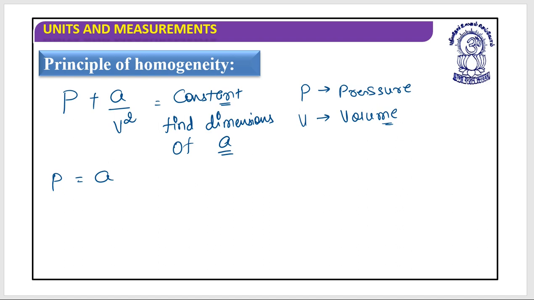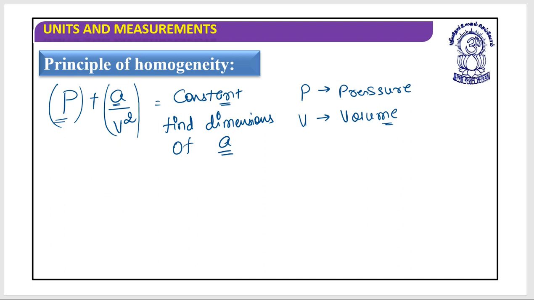If you are thinking like this, you are not correct. This cannot be written because P is not associated with a by an addition alone. P is associated with addition not with a alone, but with a by V square. I hope these things are clear to you.